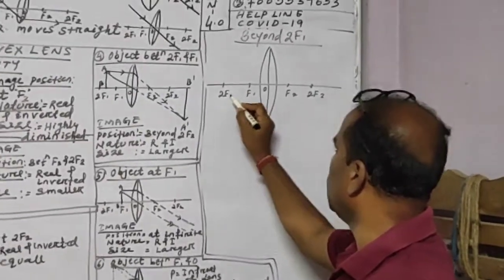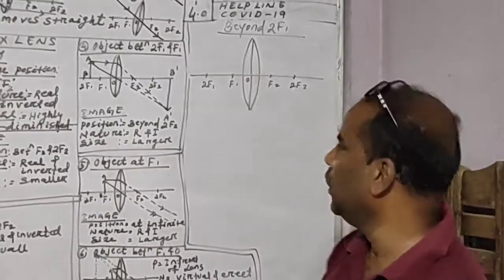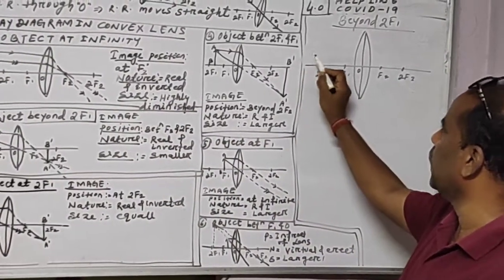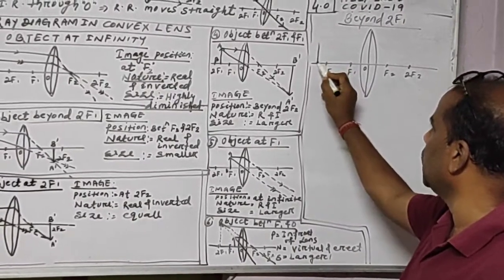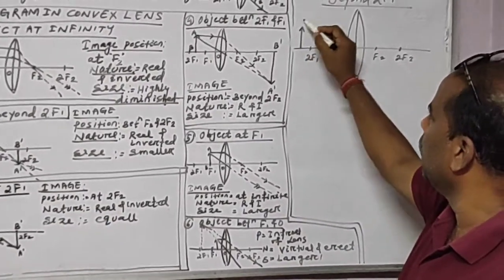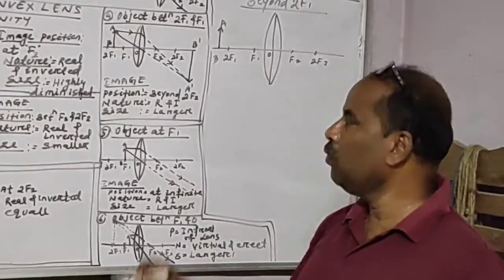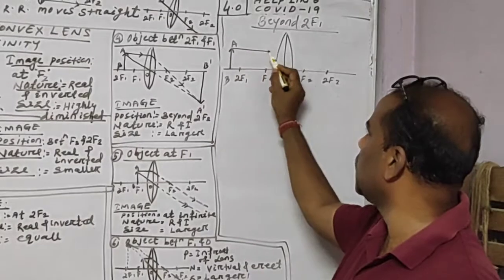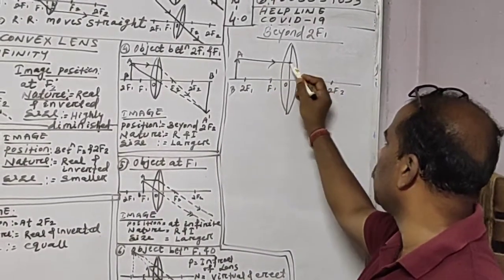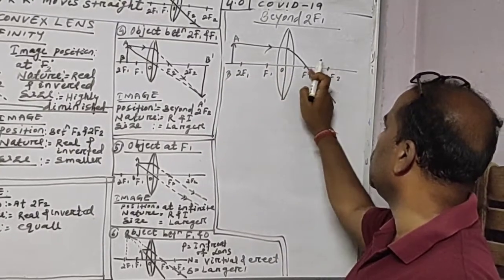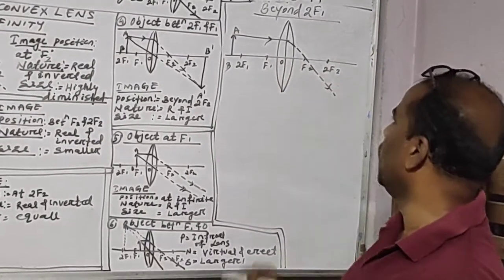Measurements must be the same to each other. Now, according to the question, the object must be beyond 2f1. Here, suppose we keep the object, arrow mark AB, then any two rays we have to take. One will be parallel to the principal axis, so it will pass through the f2 as per our rule 1. This is the refracted ray, f2.